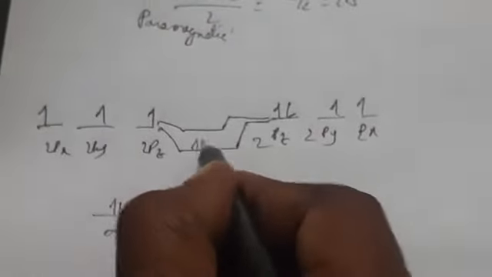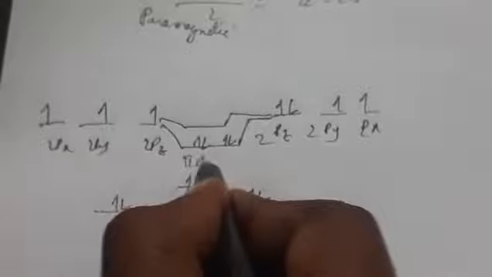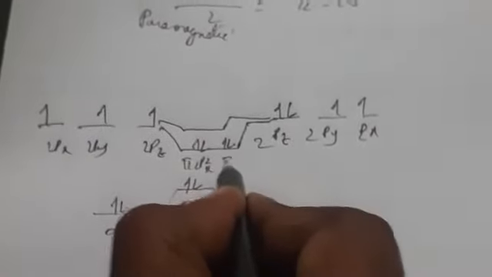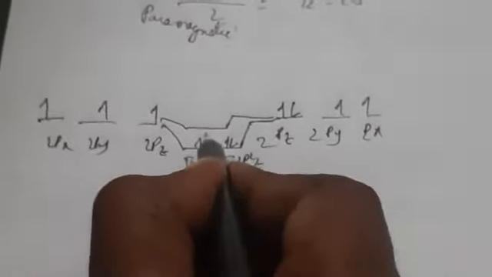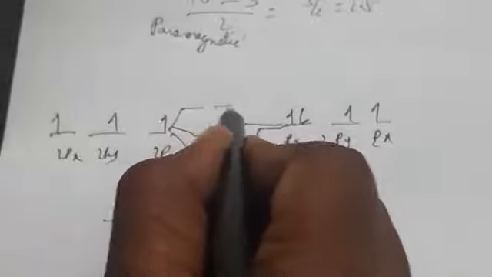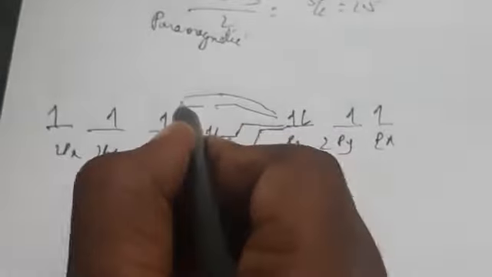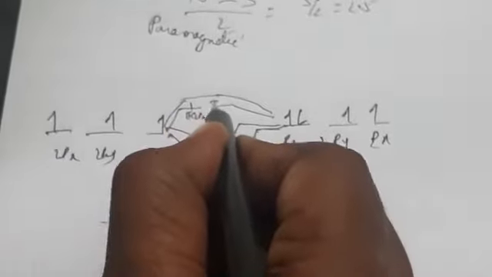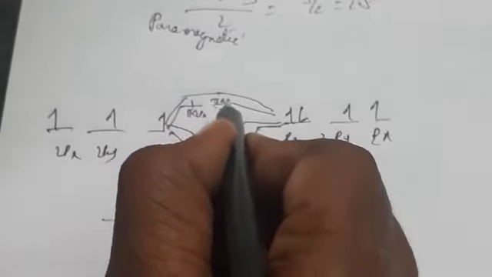So here pi 2p2x, pi 2p2y, sigma 2p2z. So what does it mean here? 2 electrons. Next we are going to get pi star 2p1x, pi star 2py, sigma star 2pz. So total how many? This is the way to write the electronic configuration for 15 electrons.